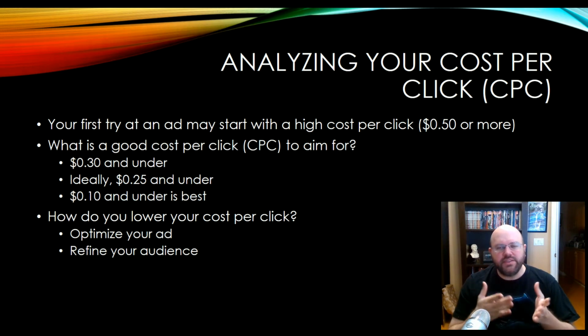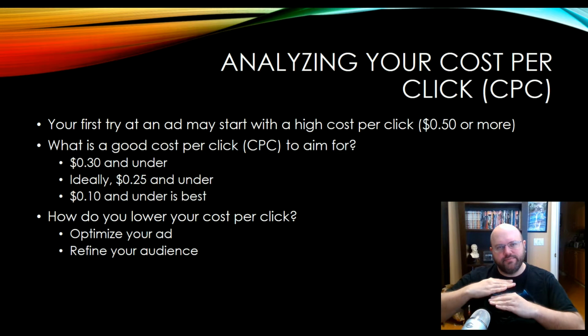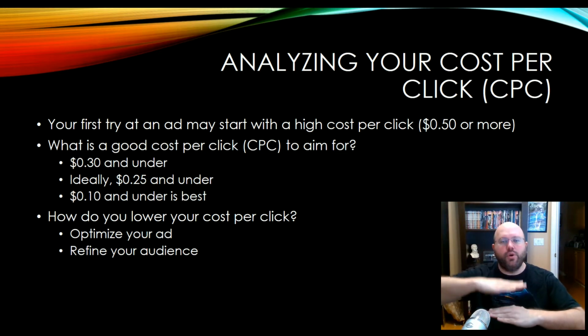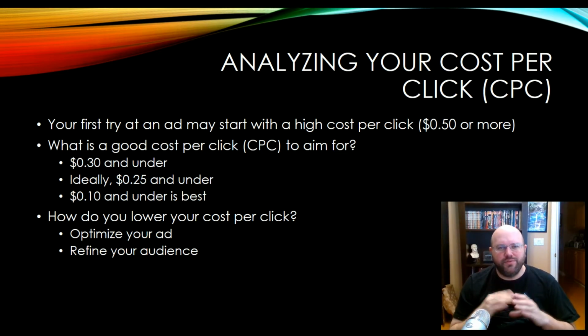So 50 cents is going to be the thing that kind of breaks that threshold into low to high. So like anything more, like if you're paying 60 cents a click, if you're paying 70 cents a click, 80 cents a click, $1 a click, that's high. Okay, now hopefully your ads aren't running that high when you first start out, but you can expect them to be between 40 and 60 probably.